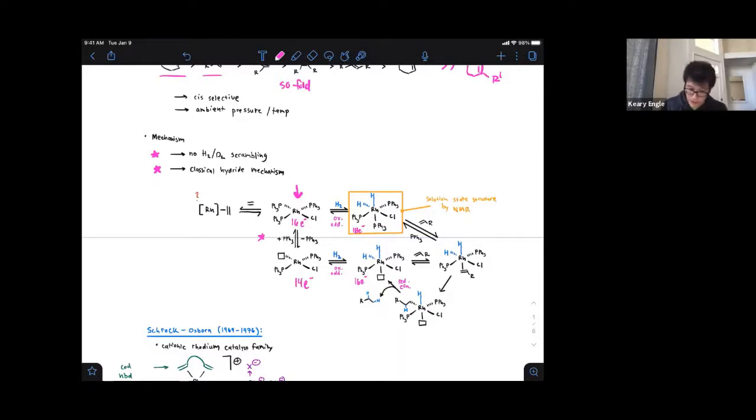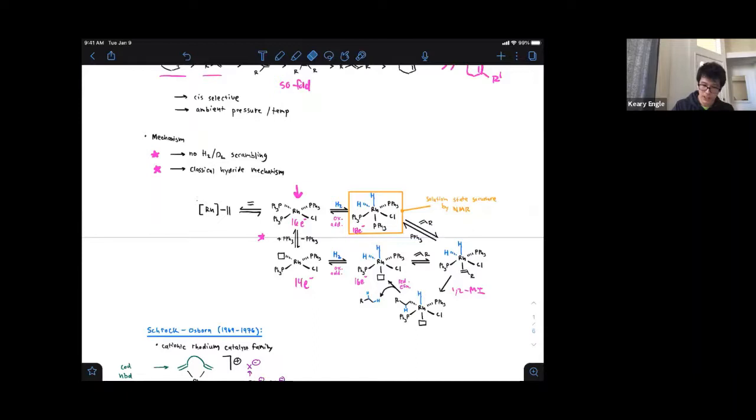So you can then bind the olefin to the metal, and then it's a classical hydride mechanism, as I said. Migratory insertion to make a rhodium(III) alkyl hydride, and then reductive elimination to close the cycle.